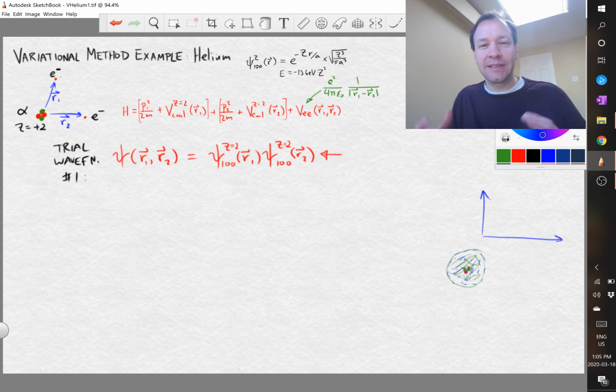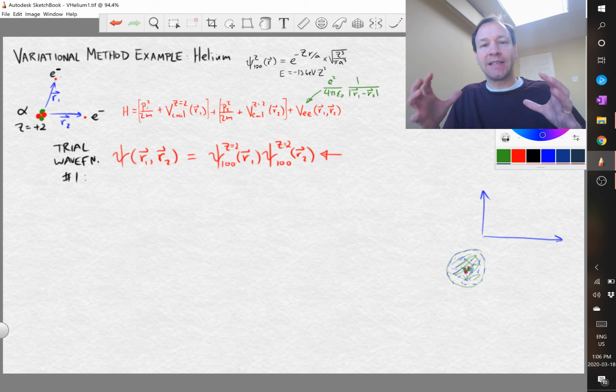And actually, one of the things that you might have learned in electromagnetism is that if you are inside a spherically symmetric shell of charge, then you don't feel any forces at all from that charge. So if we think about the second electron coming in, assuming the first electron is in some fixed wave function configuration, and we bring the second electron in very close to the nucleus, then we can model that first electron as a spherically symmetric charge distribution, at least if you thought about the wave function classically.